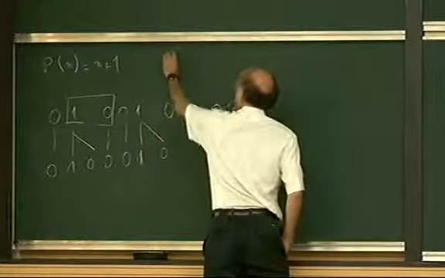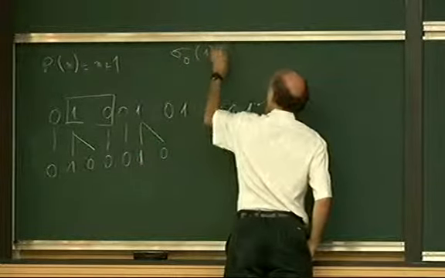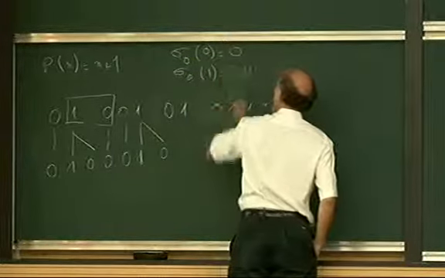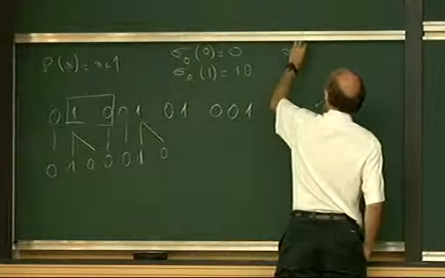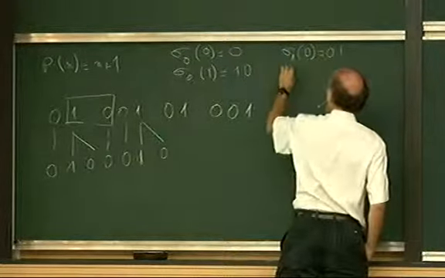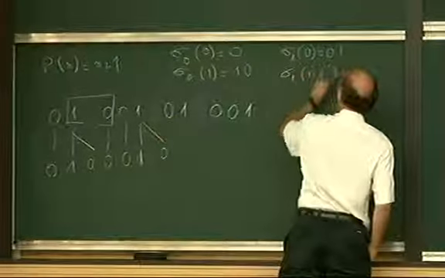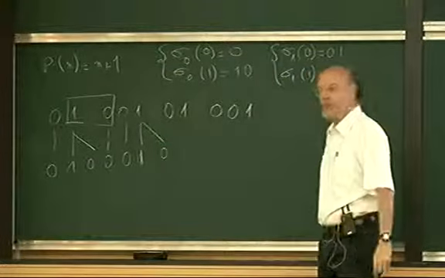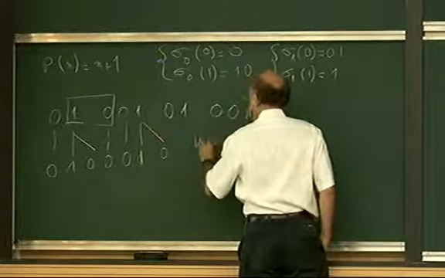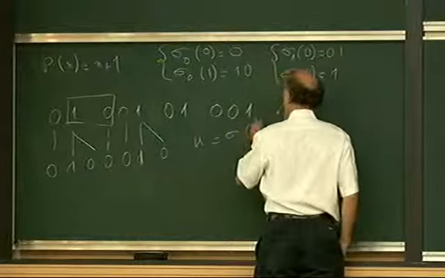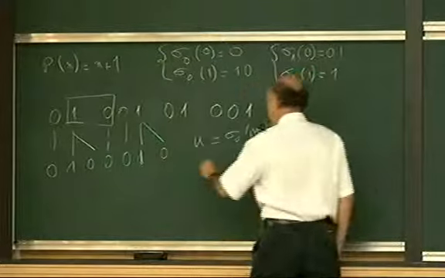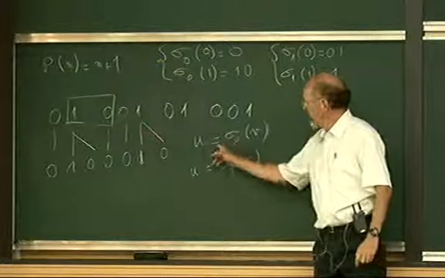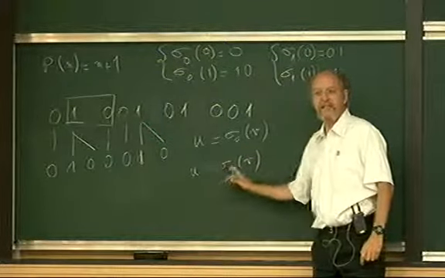So if you take sigma 0 of 0 equals 0, sigma 0 of 1 equals 1 0, and if you define sigma 1 of 0 equals 0 1 and sigma 1 of 1 equal to 1, then you see that every Sturmian sequence can be either written as u equals sigma 0 of v, or u is equal to sigma 1 of v. This if it is of type 0, and this if it is of type 1.